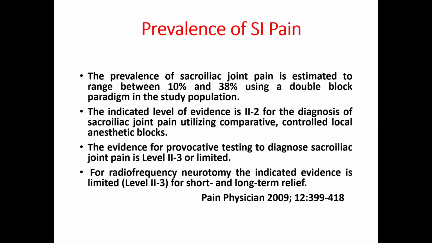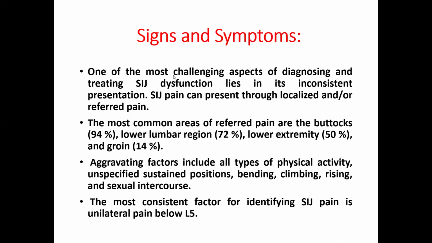Okay, so this is an important issue here. And then the pain pattern of sacroiliac pain could refer to the buttocks in 94%, lower lumbar region 72%, lower extremity in 50%, and groin, remember the iliolumbar ligament, in 14%.